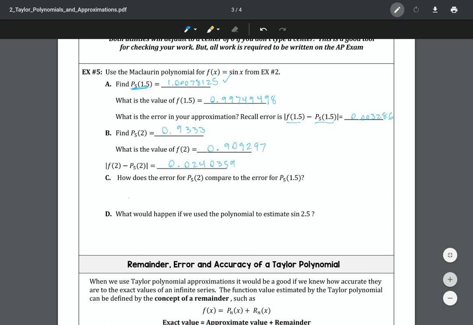You can tell, hopefully, that the error of P of 5 of 2 is greater than that of P of 5 of 1.5.